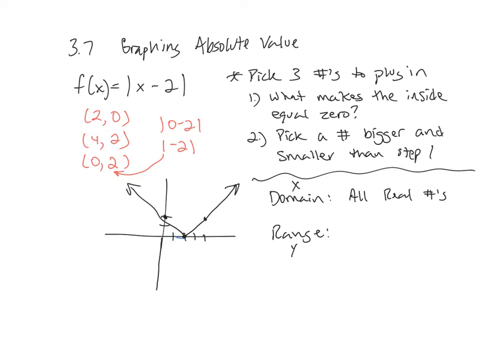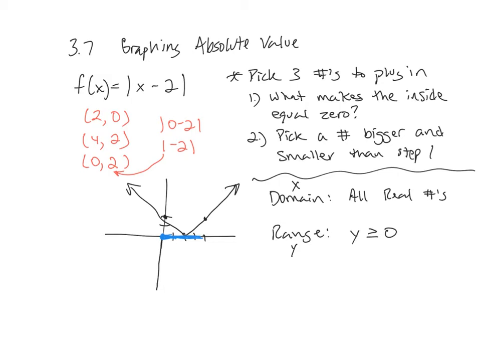It starts right here. In the y direction, up and down, if I go over to the y-axis, that's 0. So the answer for that would be y is greater than or equal to 0. Any number I plug in, because I do absolute value, it's going to be positive. I'm going to get a number bigger than 0.